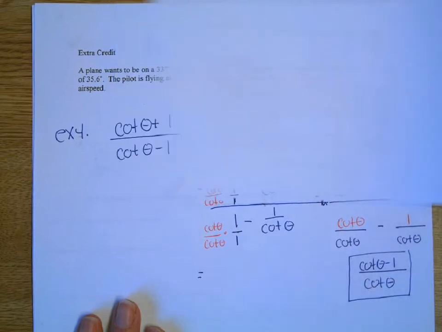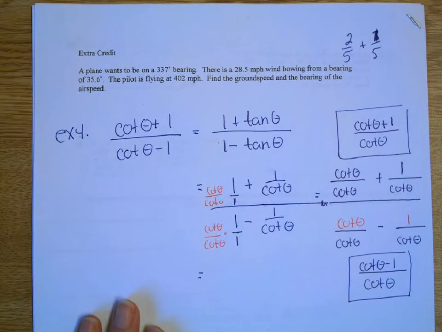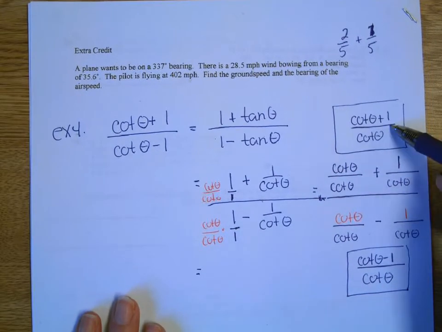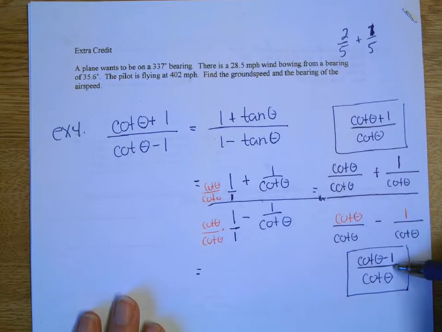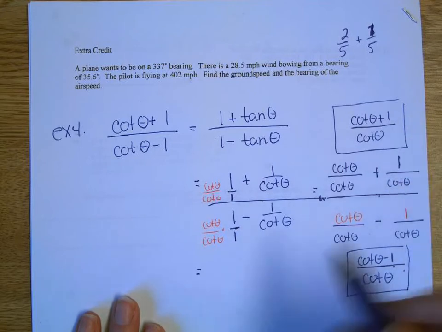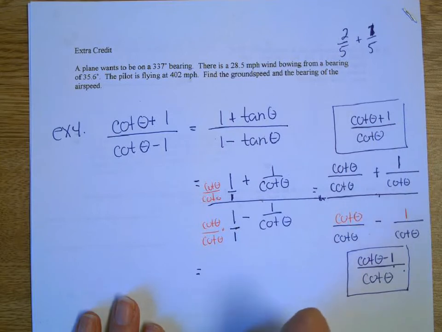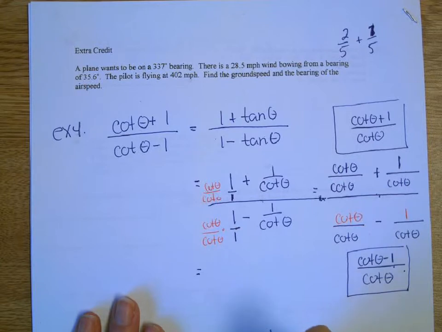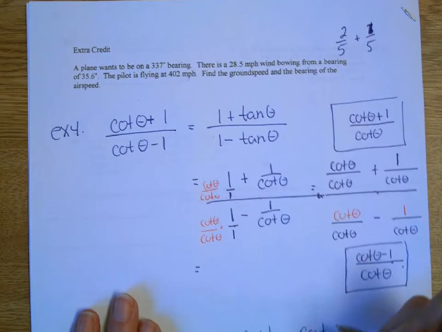Right now, I've got this fraction divided by this fraction. A fraction divided by a fraction is multiplied by the reciprocal. So I'm going to keep the top fraction, cotangent plus 1 over cotangent. I'm going to flip the bottom one over.